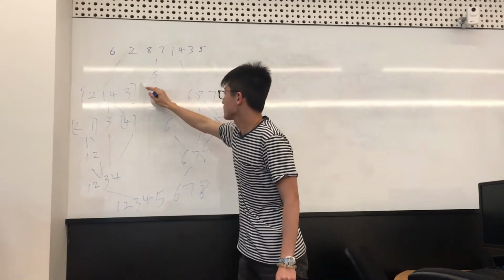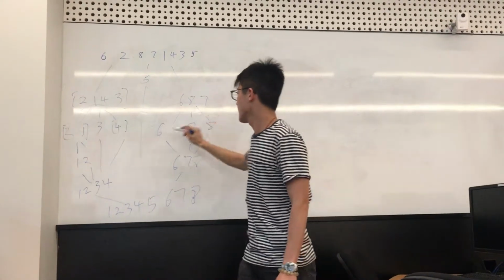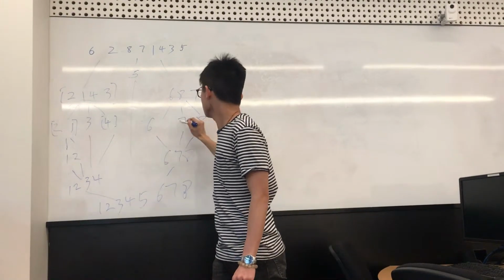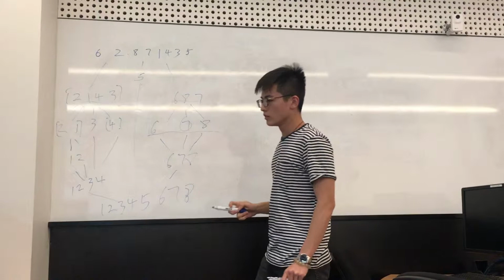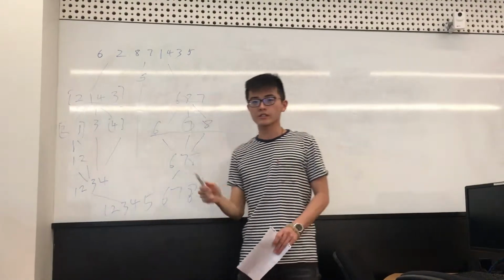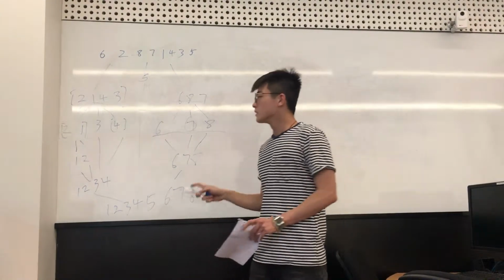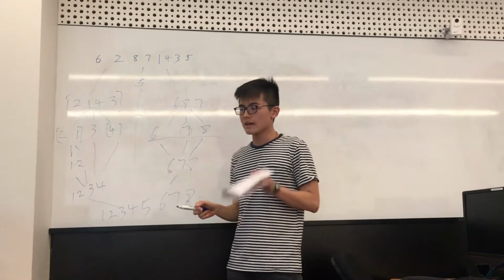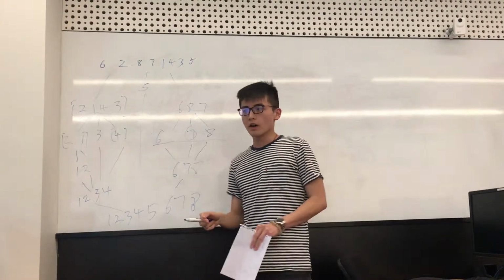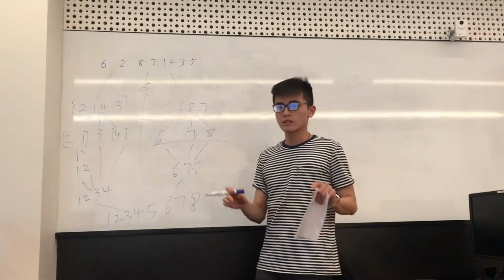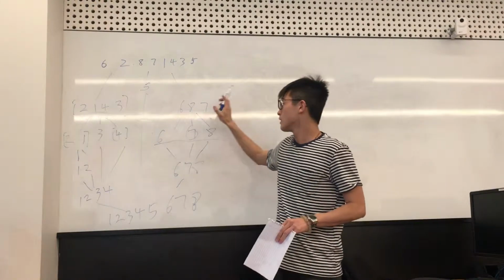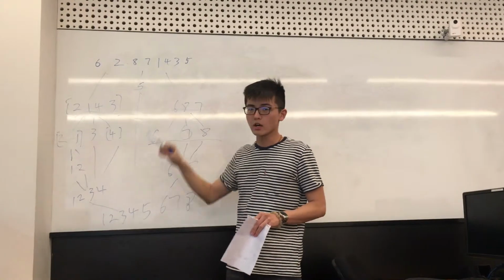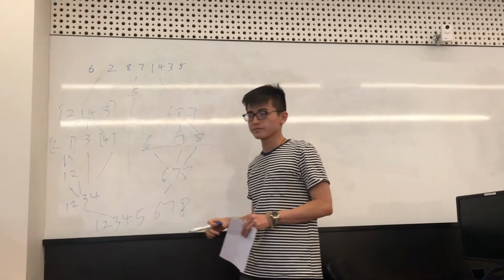We find this meets the condition, and this also meets this condition. So the invariant of this algorithm is that the left side of the pivot is always smaller than the pivot, and the right side of the pivot is always bigger than the pivot.